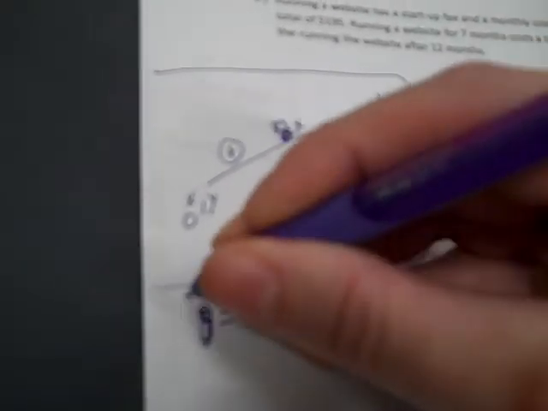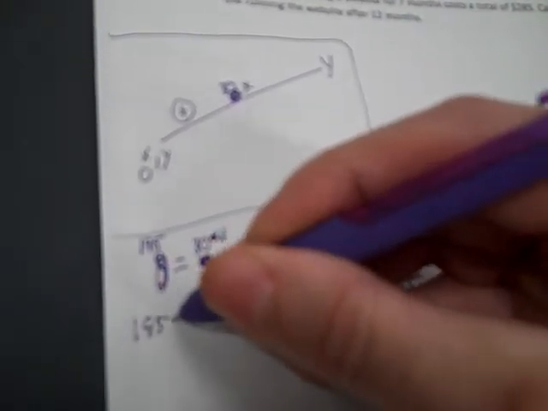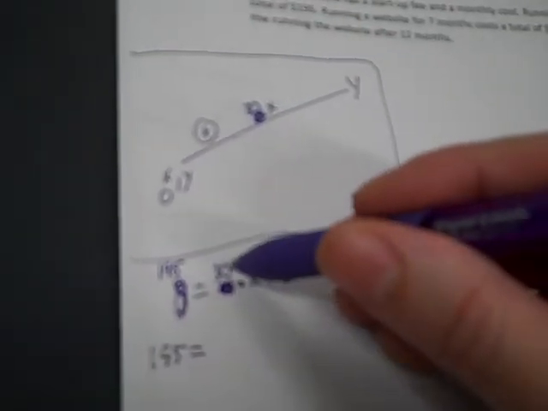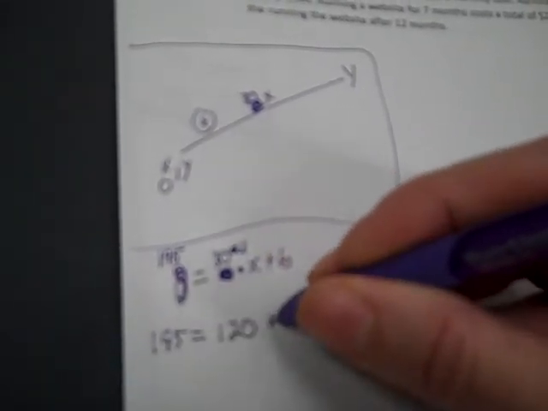And now Y. Y is the money, so we're going to put $195 in for Y. And then we're going to be taking our 30 times 4, $30 per month over 4 months. So I paid $195, and I had been paying $30 per month times 4, so that's $120 plus B. Now I'm going to put a 1 in front of that and circle it.